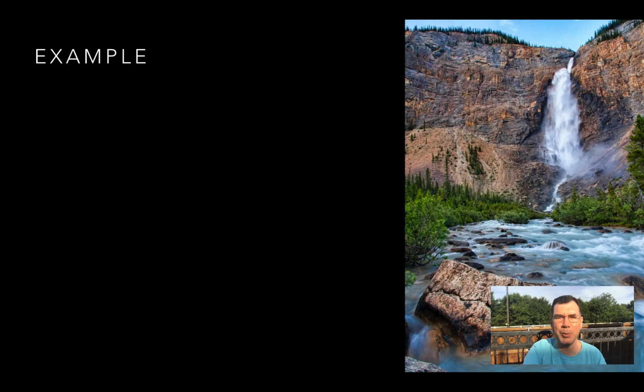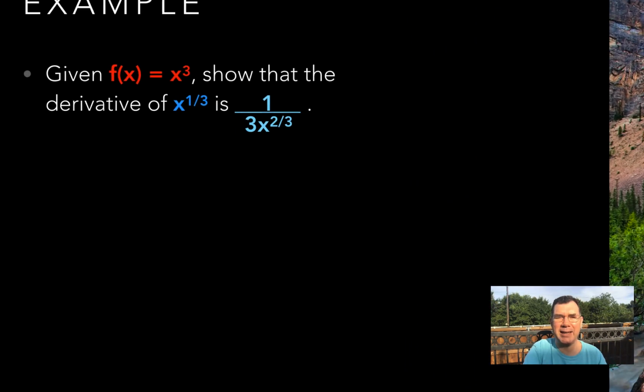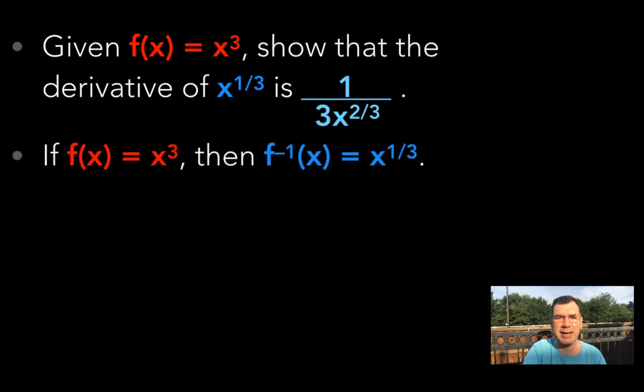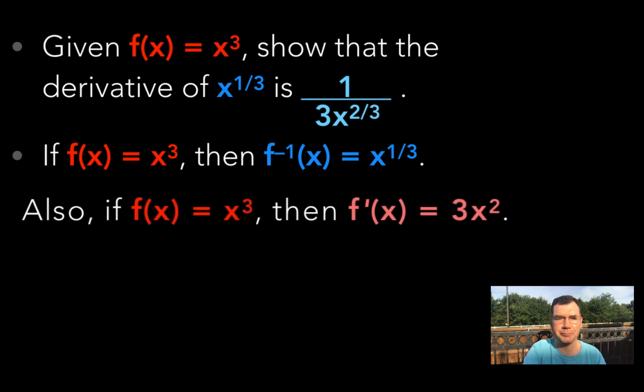Okay, here's another example. Let's say I want to show that if f of x is x to the third, then the derivative of x to the 1/3 is 1 over 3x to the 2/3. All right, let's see how we can do that. If f of x is x to the third, then the inverse of that is x to the 1/3.